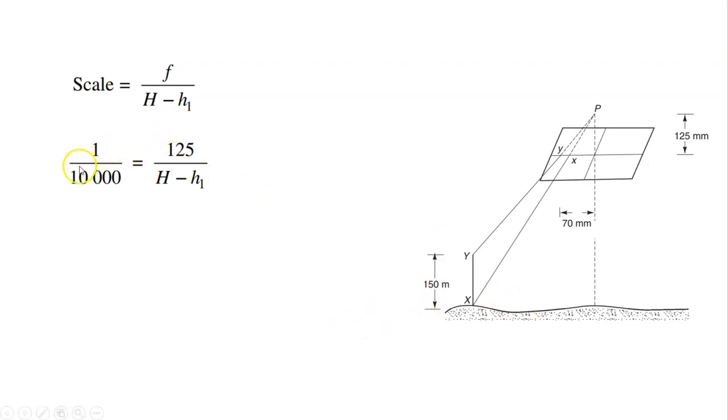So, the scale is 1 divided by 10,000, which equals 125 divided by H minus H1. H1 is 0. So, we would be expecting the value of capital H, the flying height, in terms of millimeters basically, because the numerator is in millimeters. Upon the conversion, we get a value of 1250 meters, which is the capital H value.